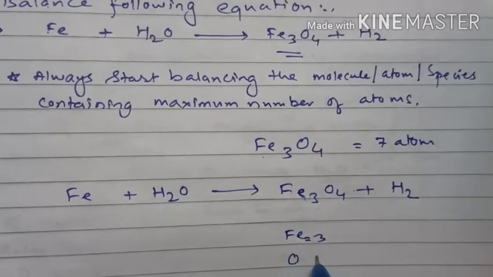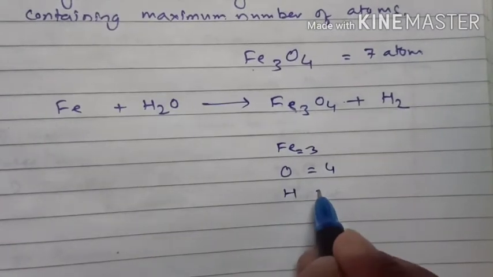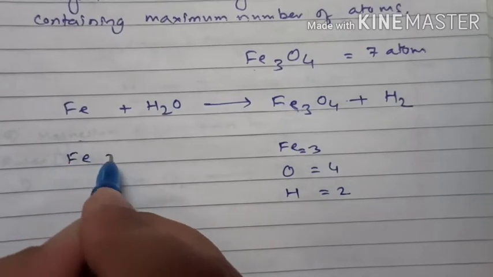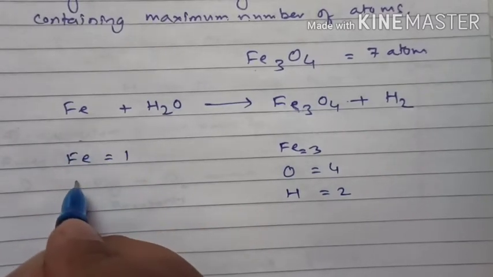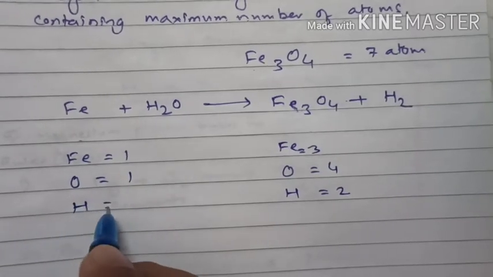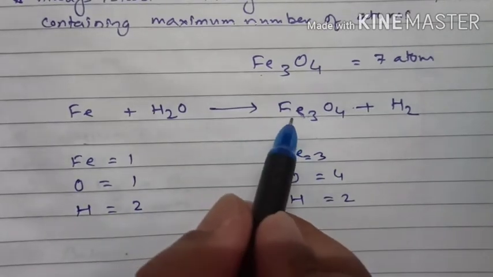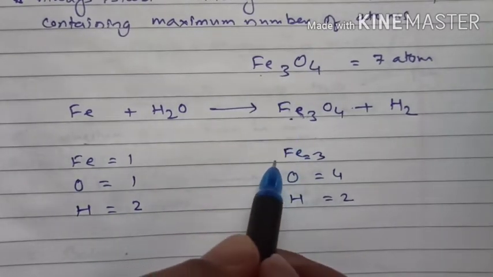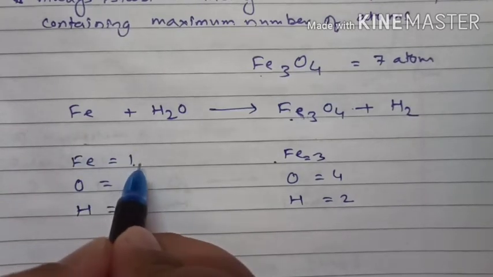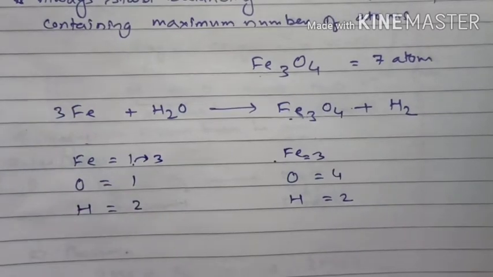Of oxygen 4. Of hydrogen 2. On this side, Fe 1, oxygen 1, hydrogen 2. So we will balance iron first. This is Fe, this is 3, so we will increase it. This 1 gets increased to 3 by adding 3 over here, so 3 Fe.